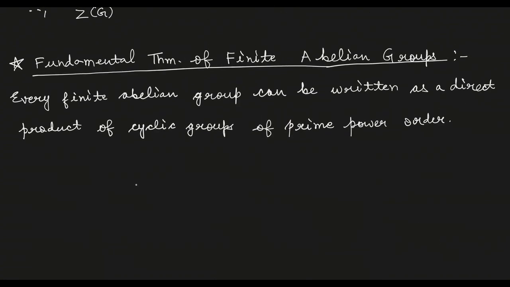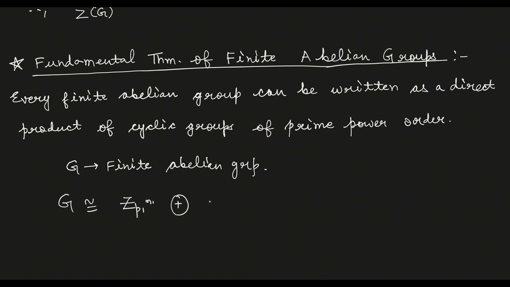Means if G is a finite abelian group, then G is isomorphic to Z P1 to the power N1 direct product, Z P2 to the power N2, so on till Z Pk to the power Nk.